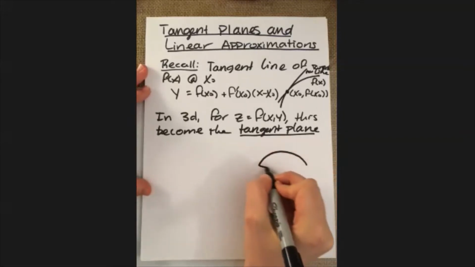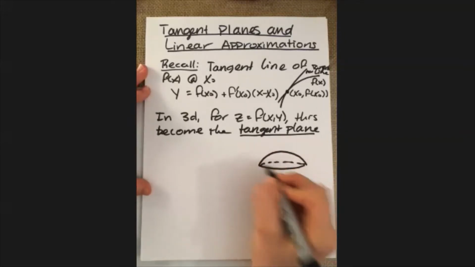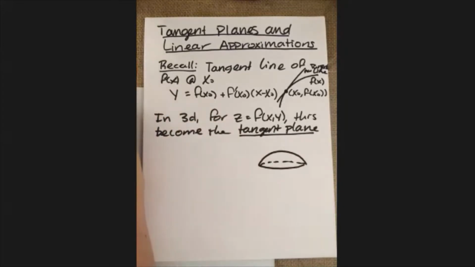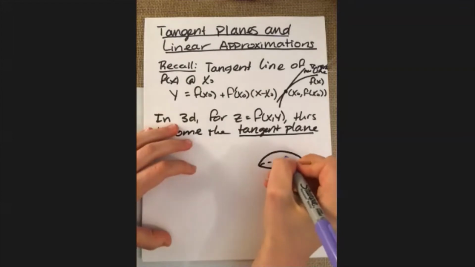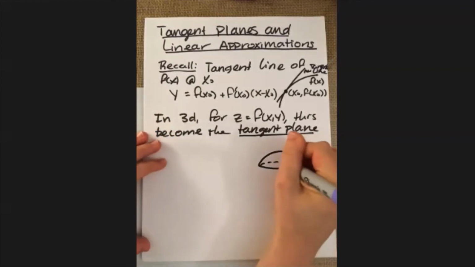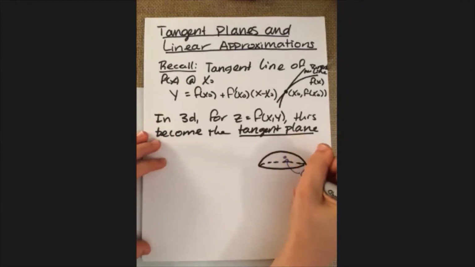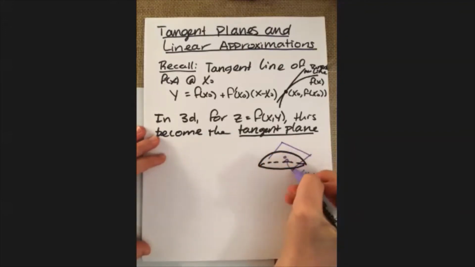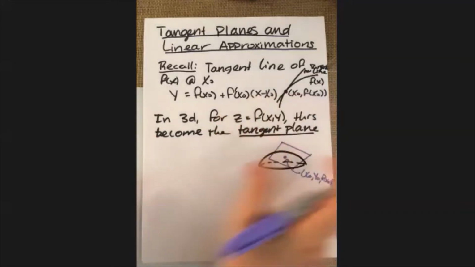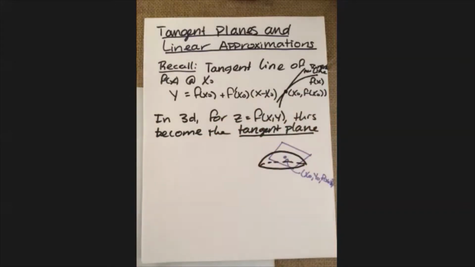This is our surface, whatever it is we're working with, and we want something that's tangent to, say, the point right here. We'll call that x naught, y naught, and then f at x naught, y naught. We would just have a tangent plane there instead of a tangent line. That indicates the tilt of the function there.